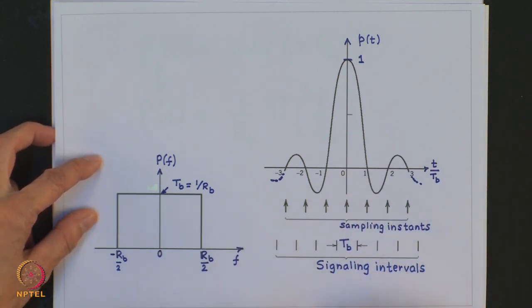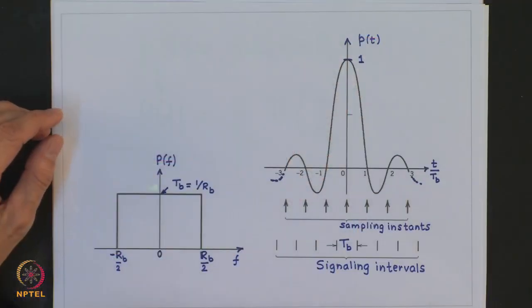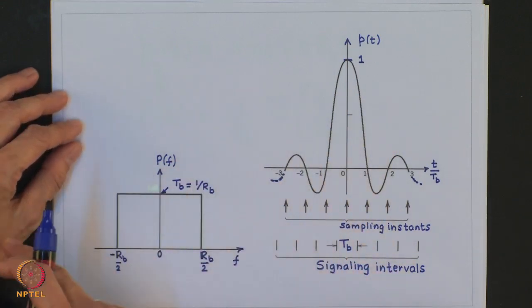So there is no ISI in this case. Now there are two problems with the choice of this pulse. One, the above p(t) is impractical. Why? Because it is non-causal. It exists from minus infinity to plus infinity.